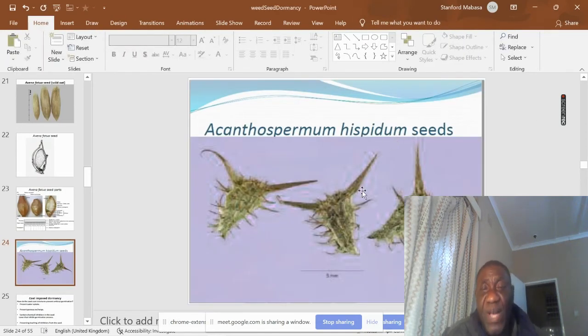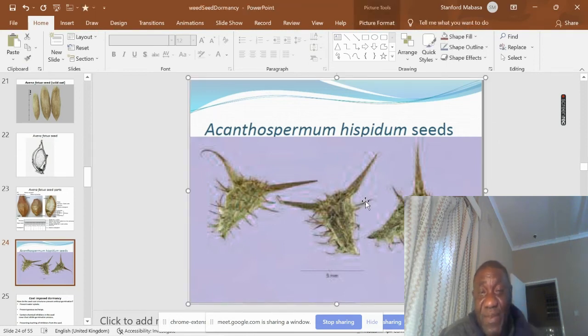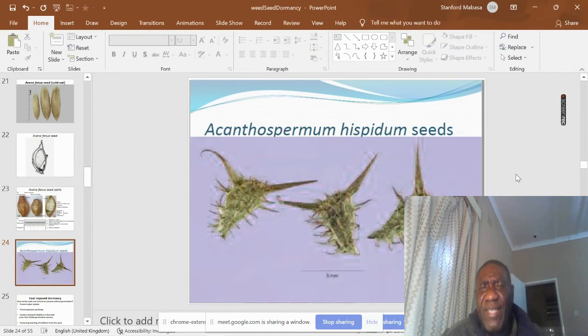It can also happen in Acanthospermum hispidum, where you have this seed coat, which may not allow water to pass through, or even probably some gases to pass through. So, with respect to the germination process, it may not occur, causing dormancy.